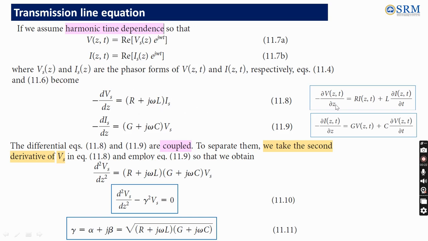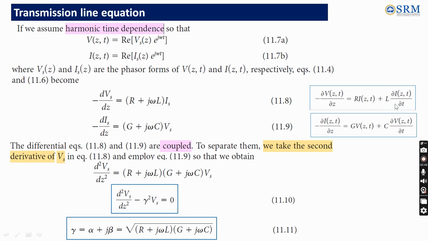If we apply these to the already obtained equations, in dou V of Z comma T by dou Z we are going to replace it by dVs by dz. And here, the R term will give R into Is, and we will get plus L into, instead of dou by dou T, j omega we have to take.